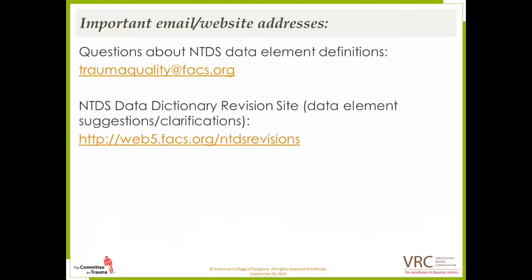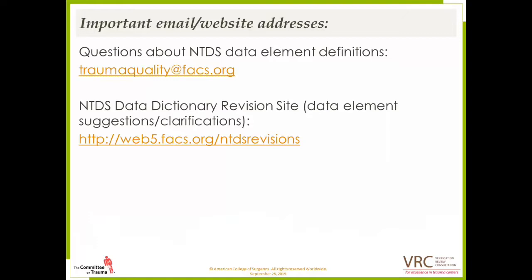The next is a website for the NTDS Data Dictionary Revision site. And I told you earlier that we have an NTDS work group that determines which data fields are going to be in the dictionary. And this is a formal platform for you all to submit any suggestions on how we can improve the clarification of a definition, or maybe a suggestion to add a new data element, or maybe a suggestion to retire a data element.